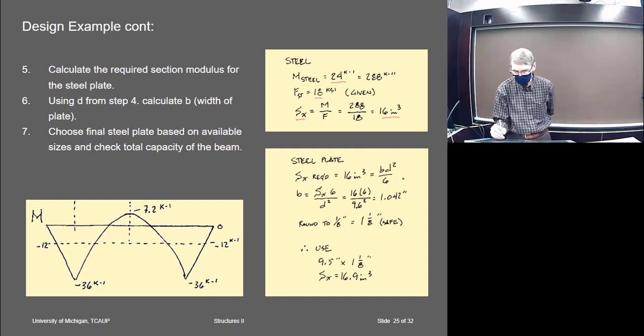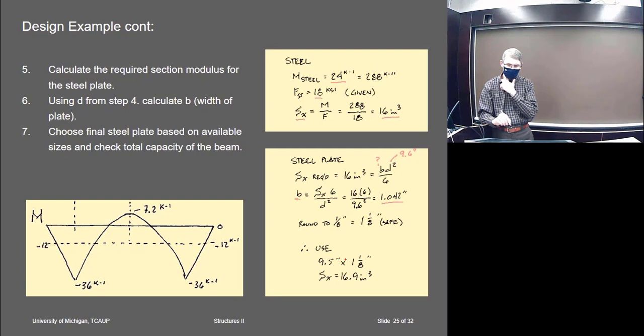Right, and I already have the depth. The section modulus for a rectangle is BD squared over 6. I already have this depth here is 9.6 inches, so I'm just trying to find that B. So I solved it for B, and it comes out to be a little over an inch, 1.0 something.